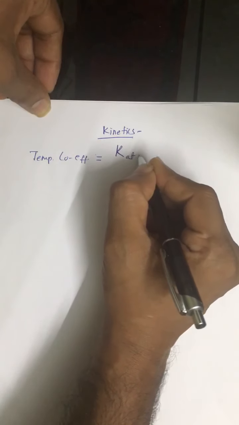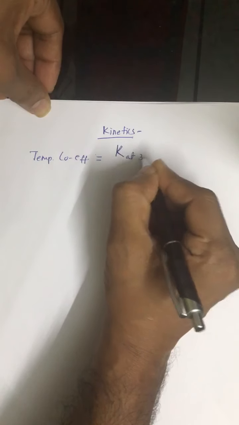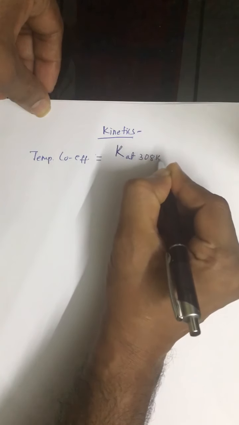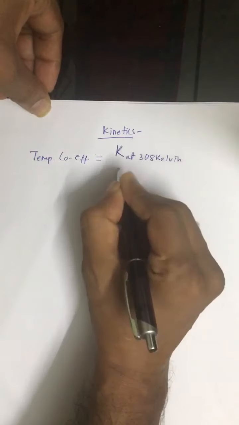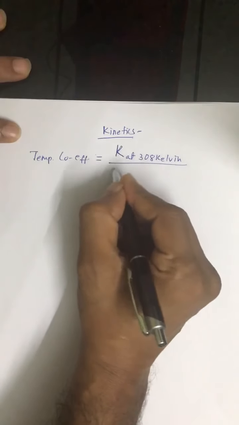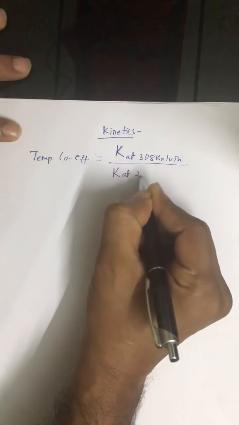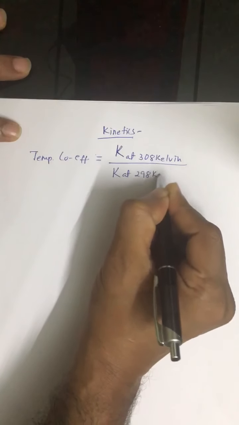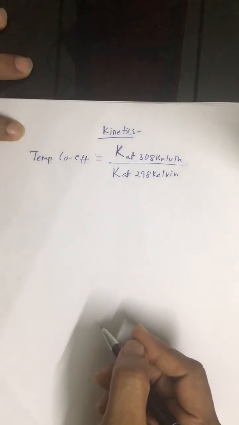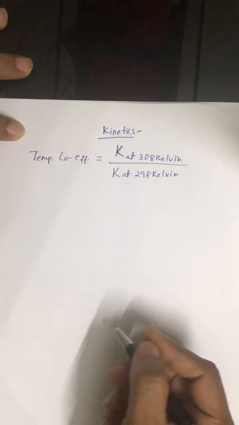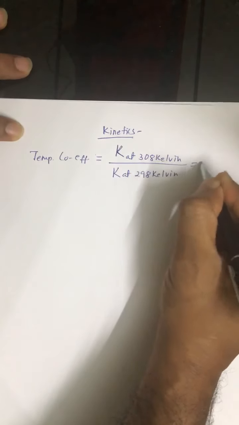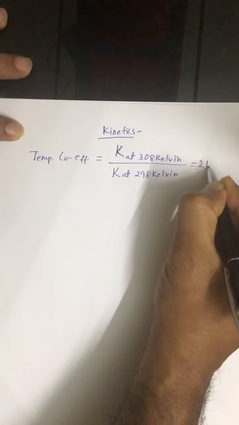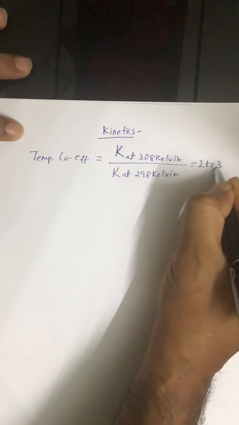Say velocity constant at 308 Kelvin divided by velocity constant at 298 Kelvin. This ratio is called temperature coefficient. Normally this value is found between 2 to 3.